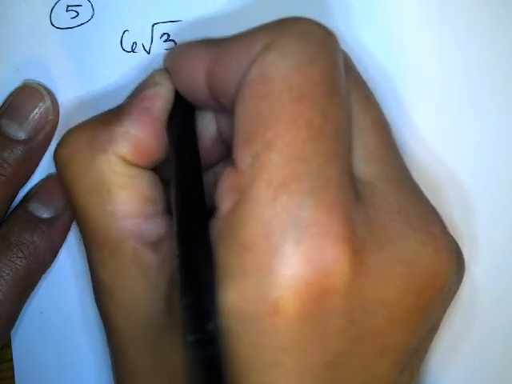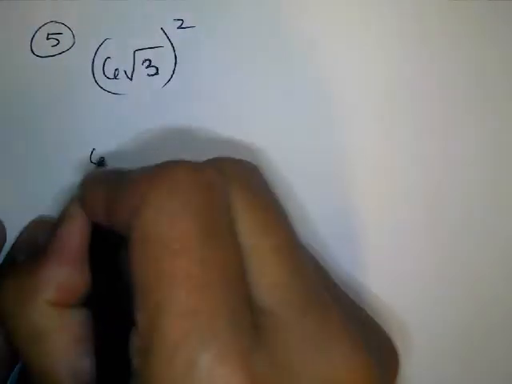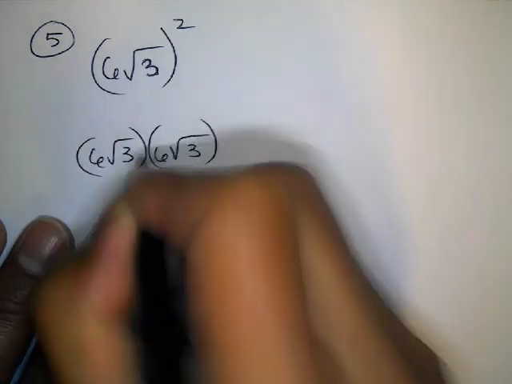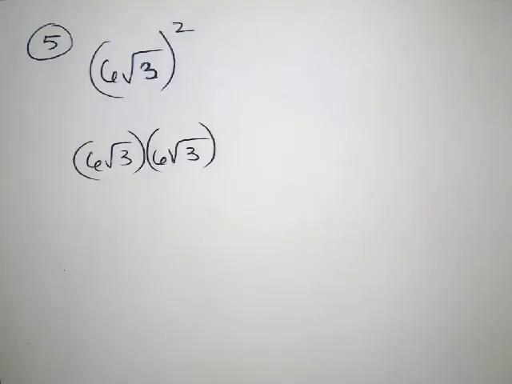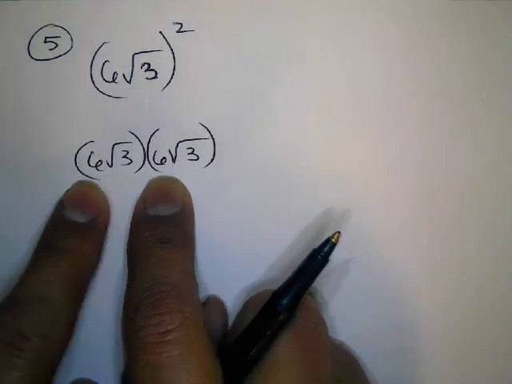Let's do another one. Number 5. How about if I have 6 root 3, but I gotta square that? Well, what does that mean? Anytime I have to square anything, it means I have to copy it twice and multiply it to itself, 2 times.